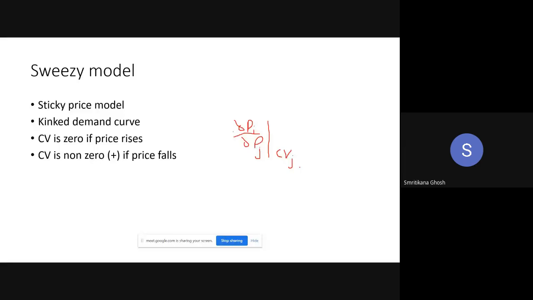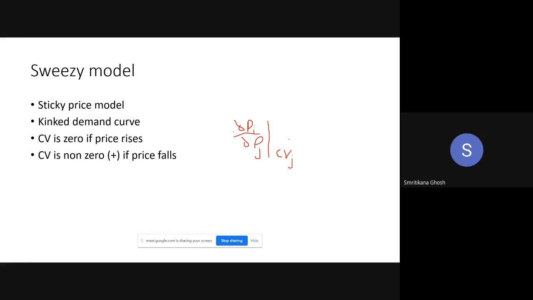So if the jth firm is reducing the price of its commodity, then all other existing firms have to reduce the price of their commodity. Otherwise, they cannot exist in the market. They cannot survive in the market. Okay.